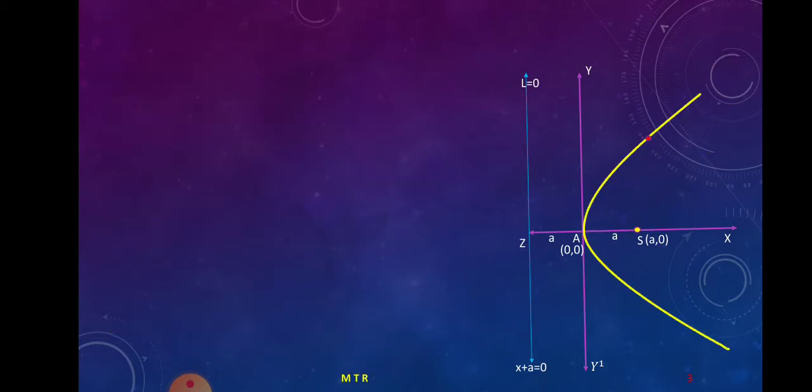Now to find the parabola, we find the locus of the point P. So for that, let P(x1, y1) be any point on the locus. That is, P(x1, y1) is any point on the parabola. Now to find the equation of the parabola, we find the locus of P such that SP/PM is equal to 1.